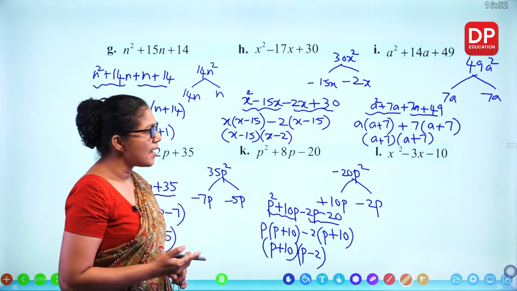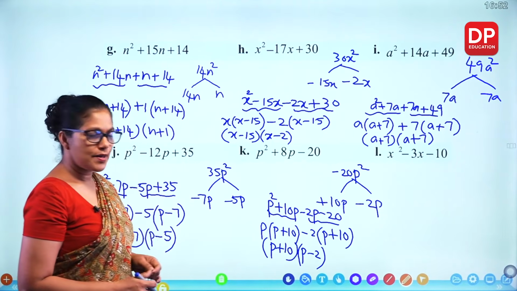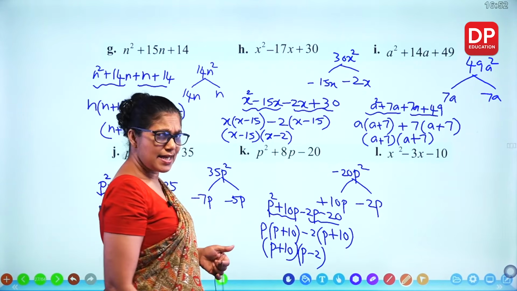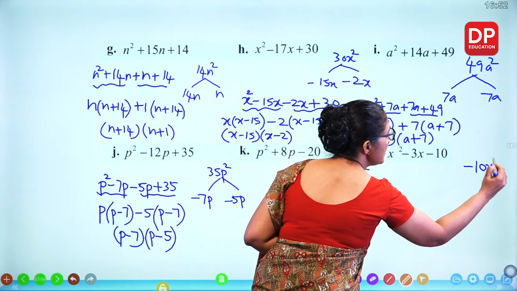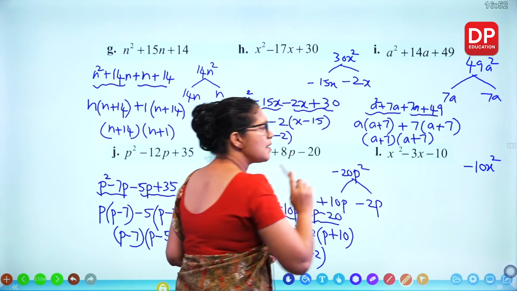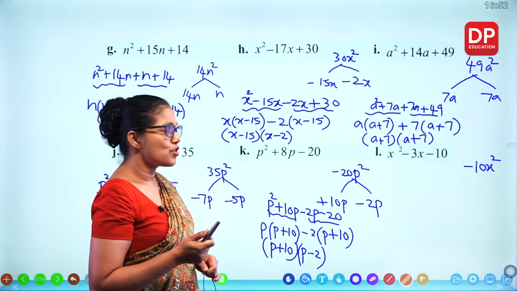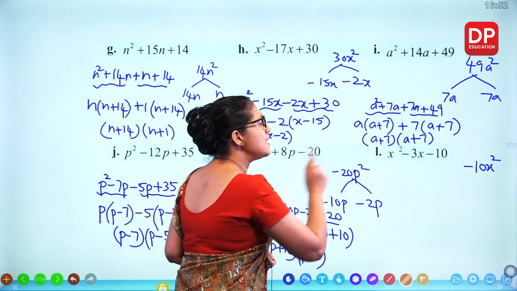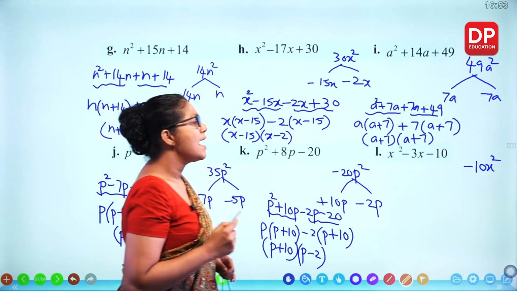Now look at the last one. Minus 10 and middle term is minus 3. So how can we get minus 10? So the last term minus 10x squared. So here last term minus means one should be positive and the other one should be negative. The middle term is negative means the larger number should be negative.